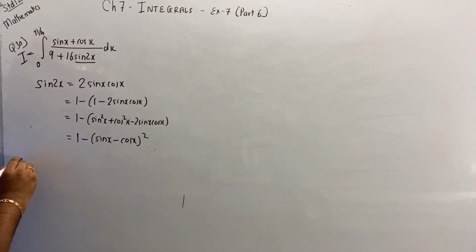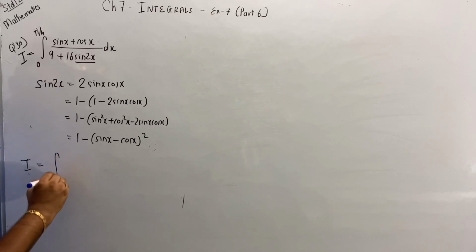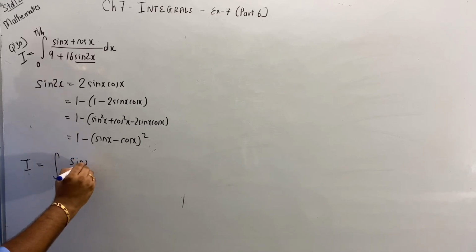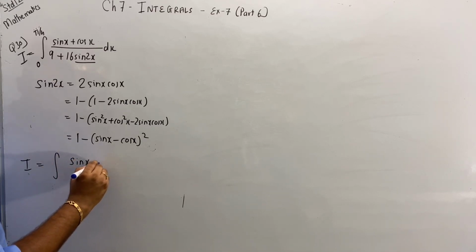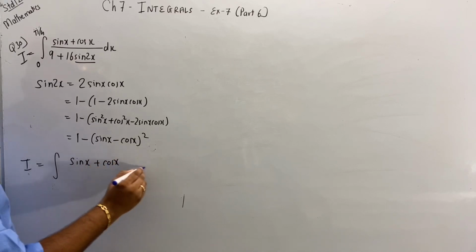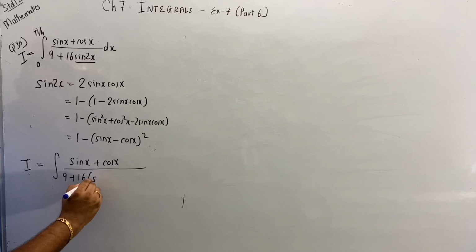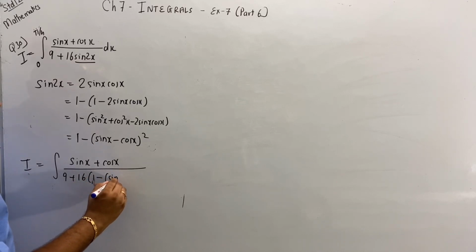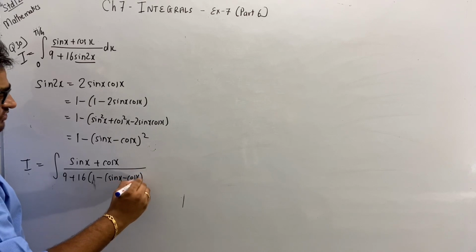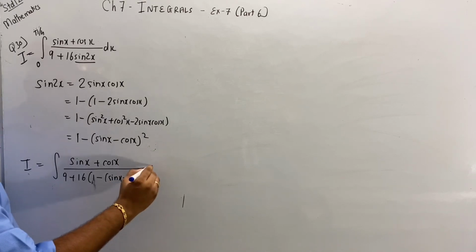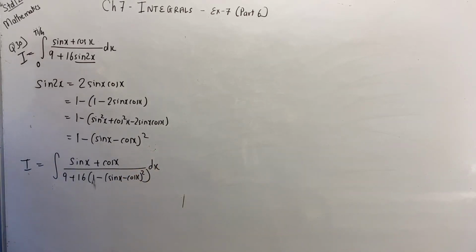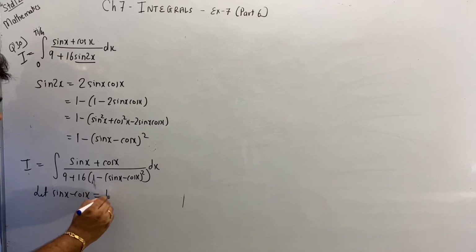So our integral I will be equal to the integral of (sin x plus cos x) upon 9 plus 16 into 1 minus (sin x minus cos x) whole square dx. Clear? Now same, let sin x minus cos x equal to t.